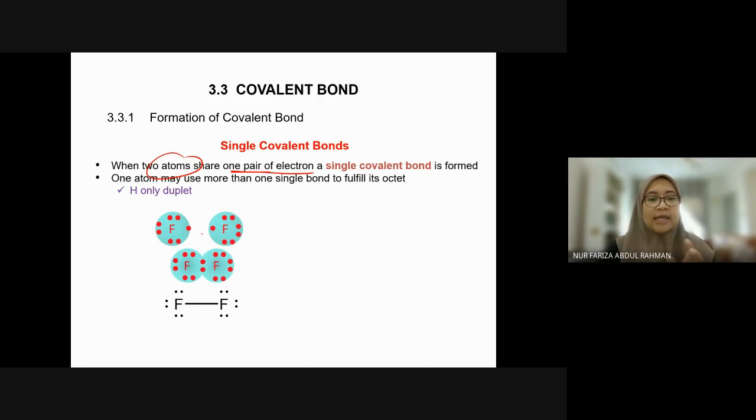So they can share with one another, and then they can form this molecule. So this is what we call fluorine molecule, F2 molecule. This is what we call a diatomic molecule. So they share 1 electron each to form the single covalent bond.